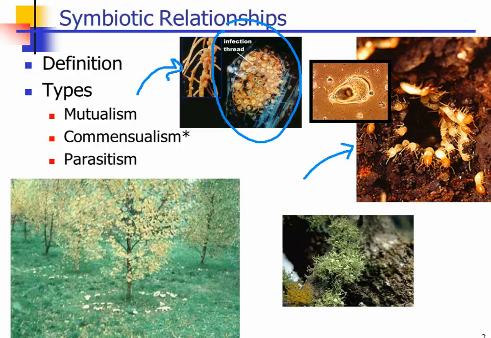Over here on the right, you've got relationships between microorganisms and termites. The little protozoan that you see right here lives inside of the gut of the termites, and it actually breaks down cellulose. It's got an enzyme called cellulase, which the termite does not have.